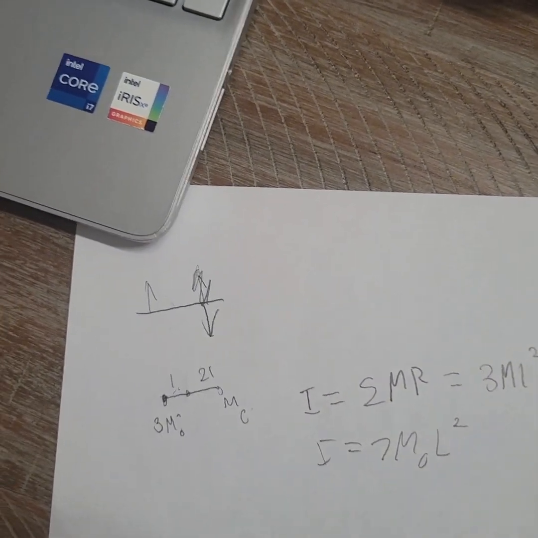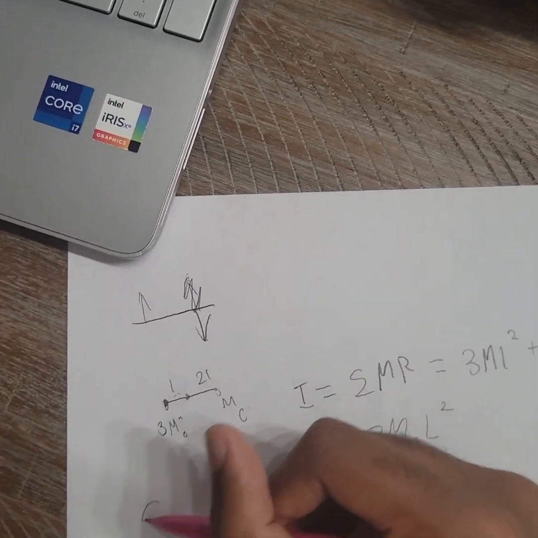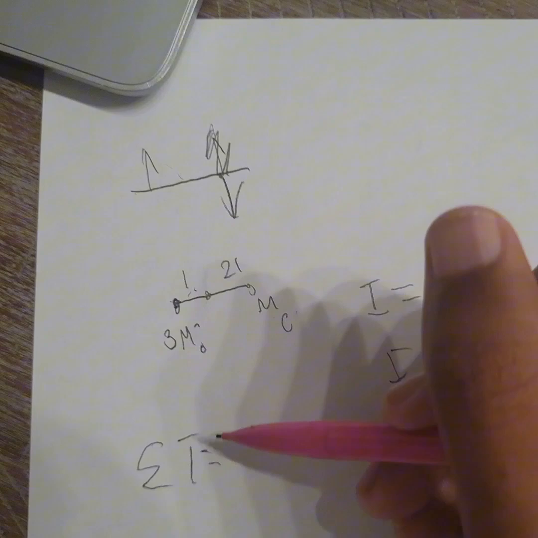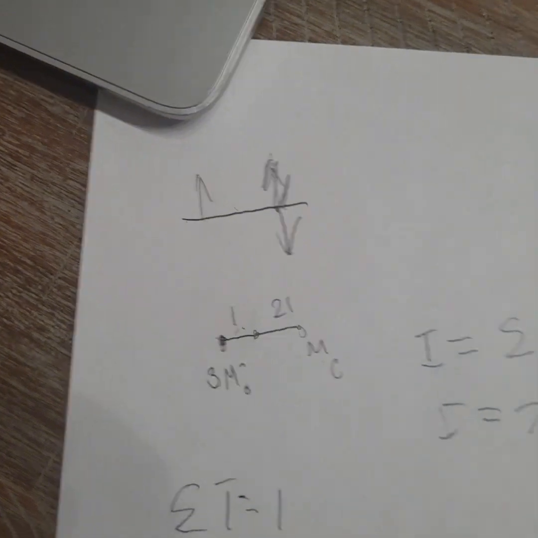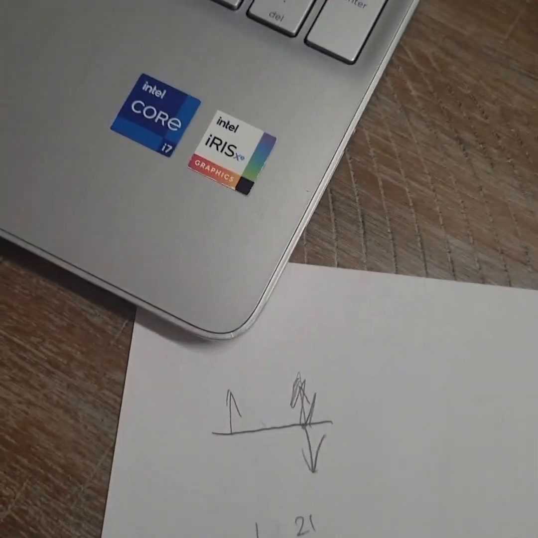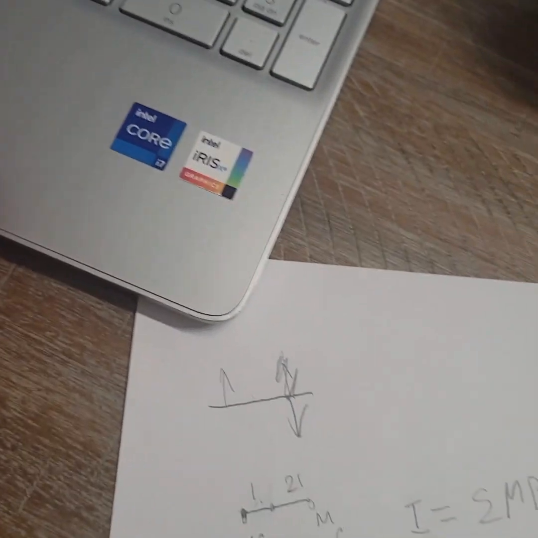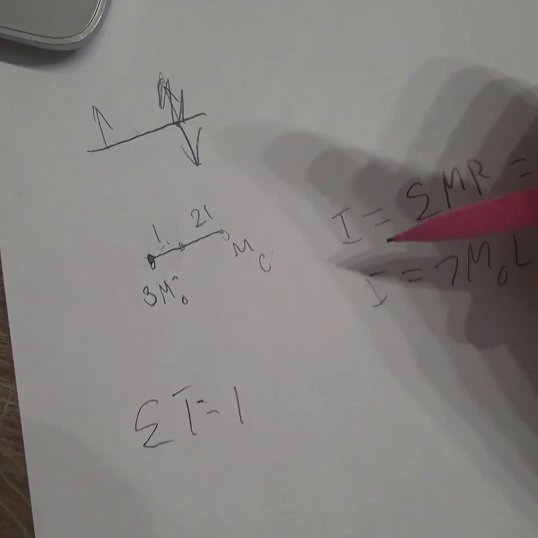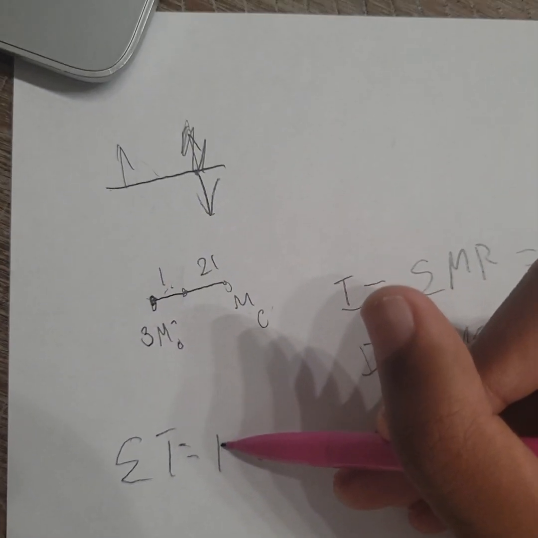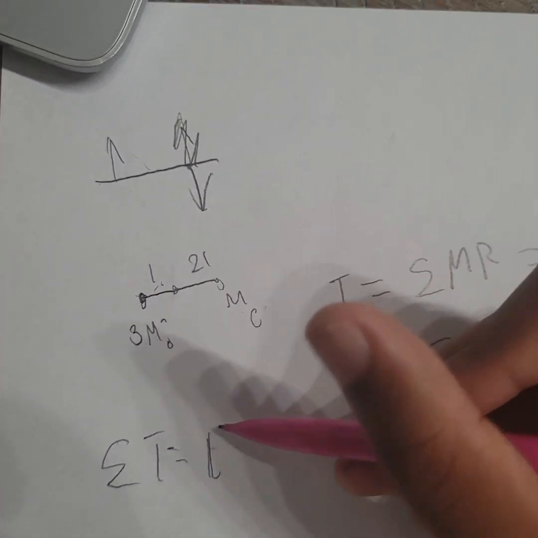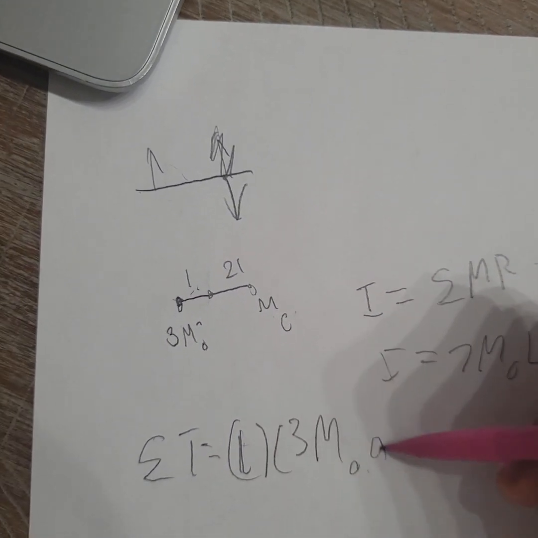So then what you can do next is you basically have the sum of the torques, and that's going to equal L, and this is just F times R. So it's going to be your first one, which is L, times 3m0 g, because that's gravity.